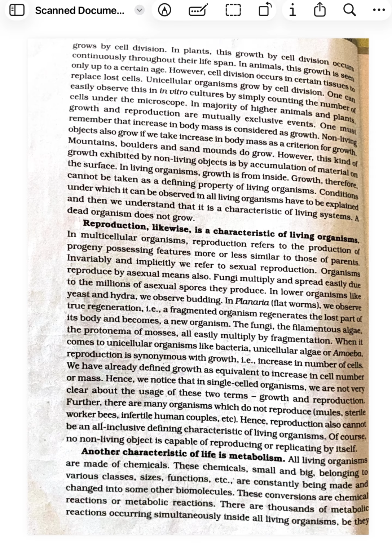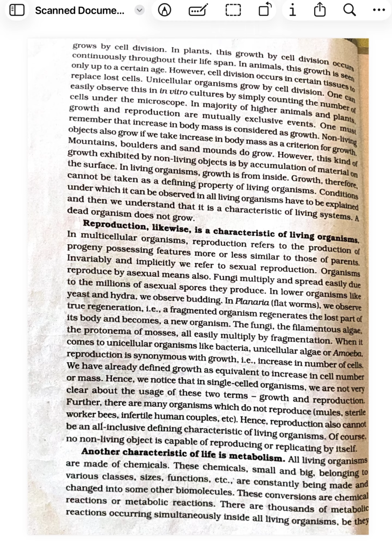So all these living organisms, though they are living, are not going to reproduce. So this is the first failure: we cannot say that it is a defining feature. Hence, reproduction also cannot be an inclusive defining characteristic of living organisms.